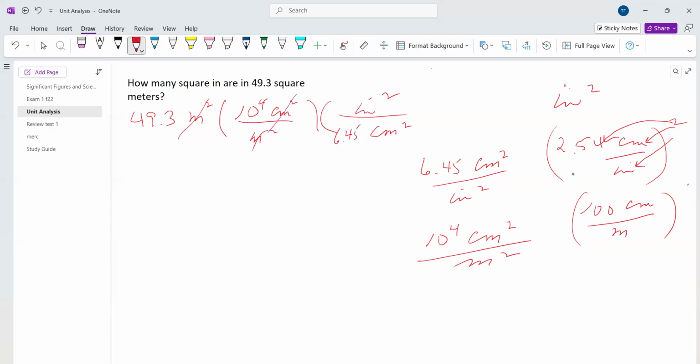So meter squared, centimeter squared, cancel, gives us square inches.